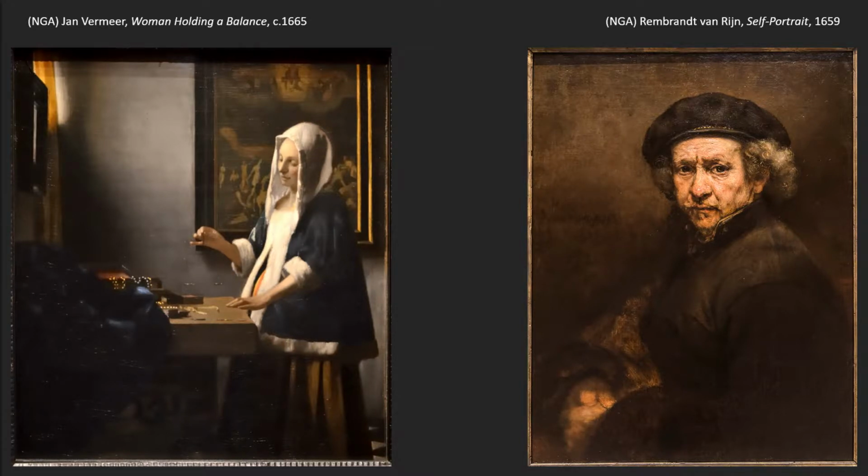At the top of the heap were history paintings. And by history paintings, what the critics meant was anything with a narrative, right? So this could be a mythological scene from ancient Roman mythology. It could be a real history, something from Rome, or it could be a biblical scene. These were all under the umbrella of history painting, right?